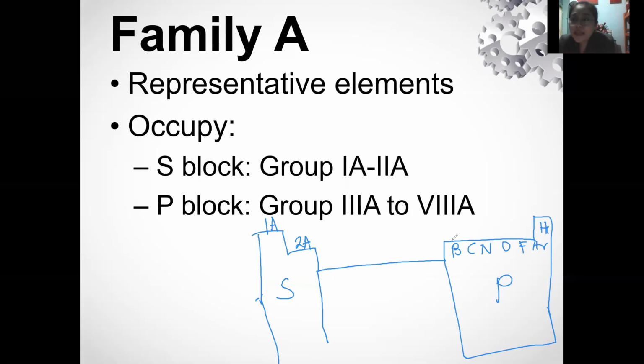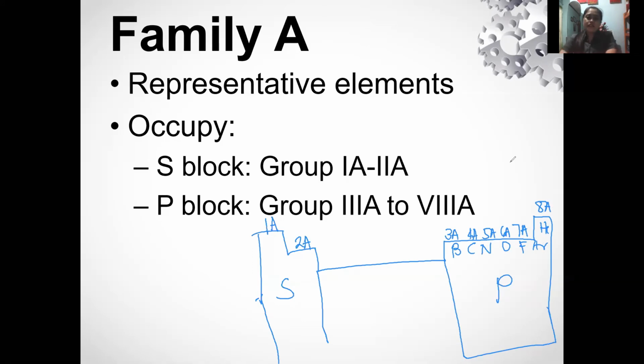Ang ino-occupy naman ng P block is yung group 3A, 4A, 5A, 6A, 7A, and 8A. So all in all, ito yung tinatawag nating family A or representative elements.